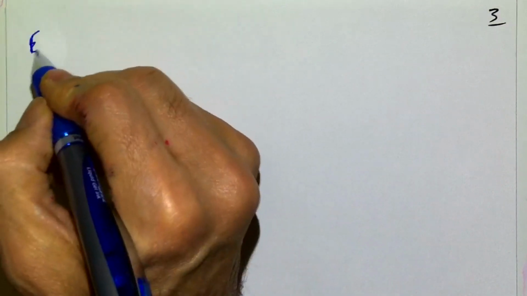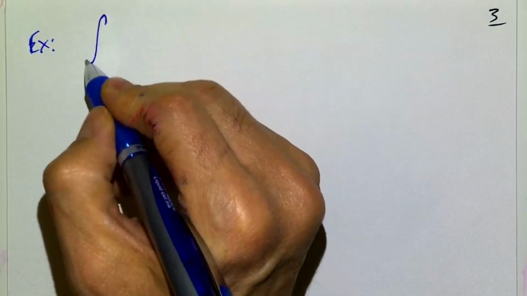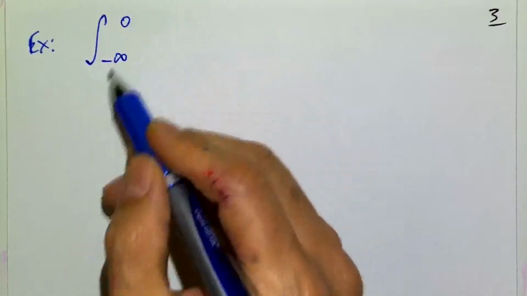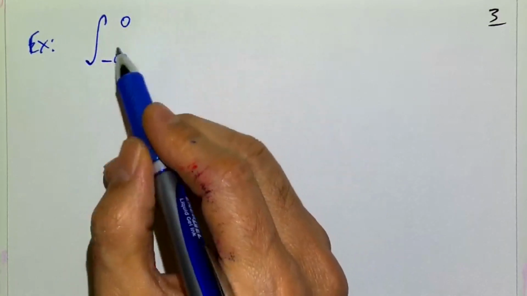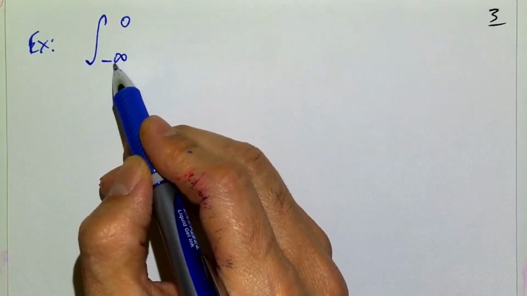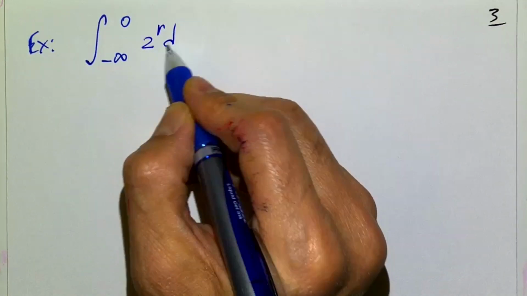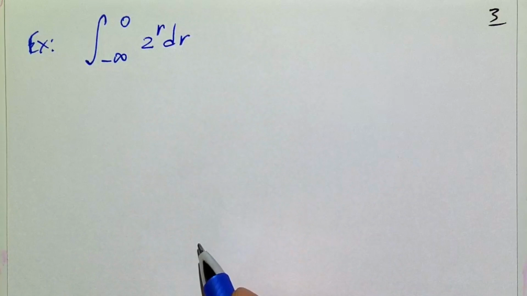Suppose now we want to find whether this clearly improper integral, where the bottom limit of integration is negative infinity, converges or diverges.